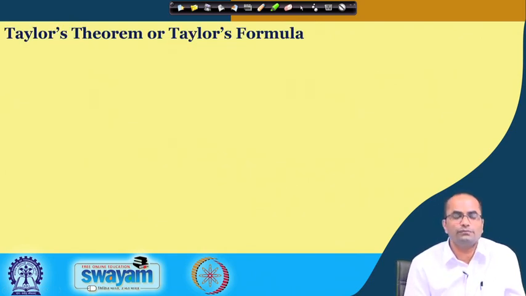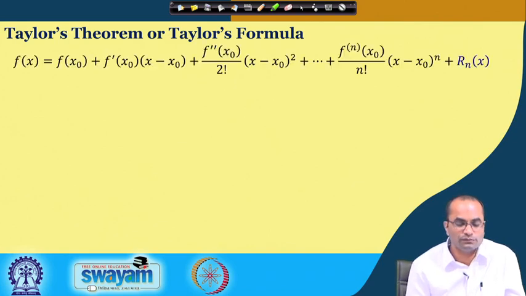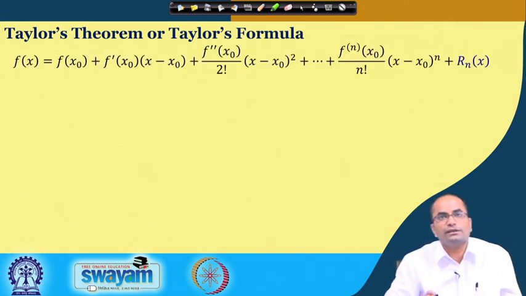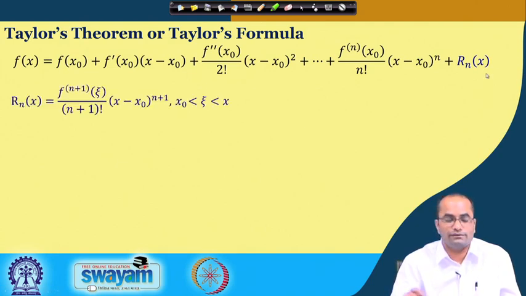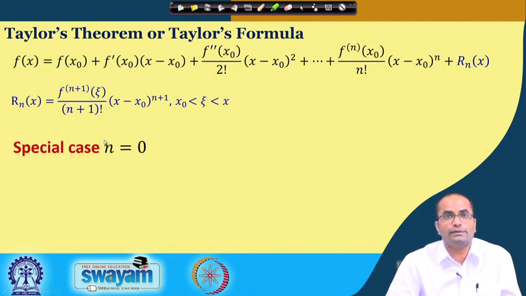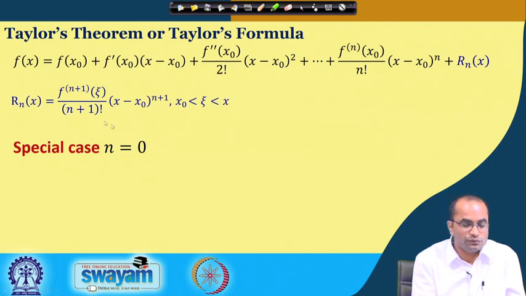The Taylor's theorem or the Taylor's formula, now if you summarize, we have the function f(x) which can be expanded in this form: f(x_0), f prime(x_0) times (x minus x_0), up to this nth order term, and plus this remainder term which we have just derived, which has this form and is called the Lagrange form of the remainder. So, in the special case when we take n equal to 0, so that means up to the order 1 we have to write this remainder term.